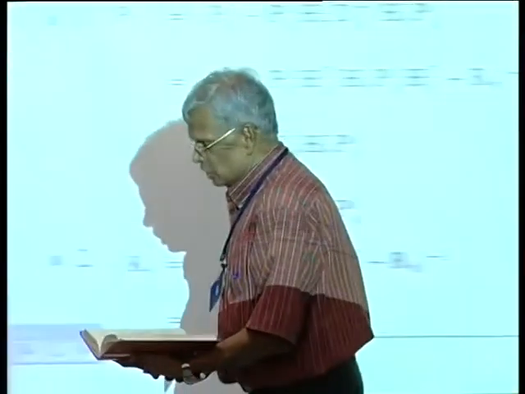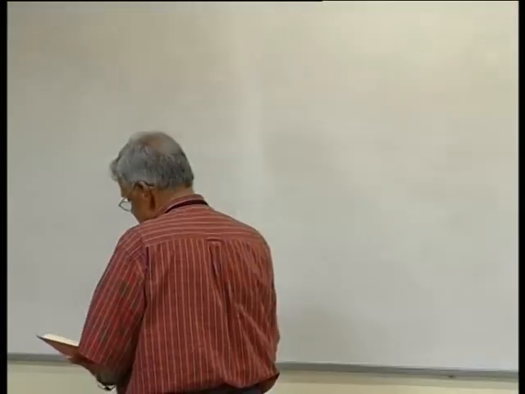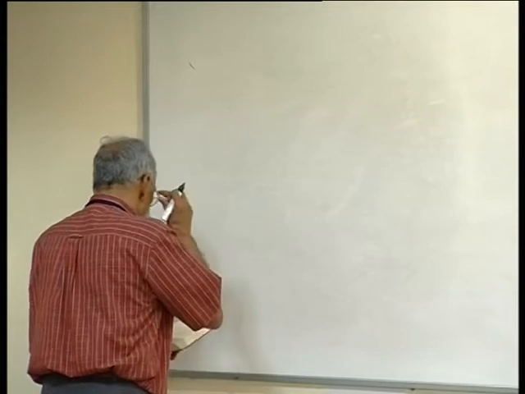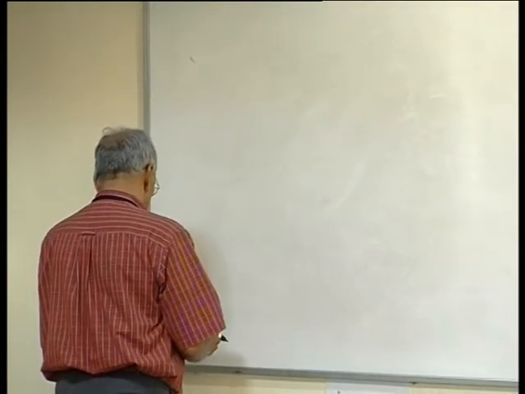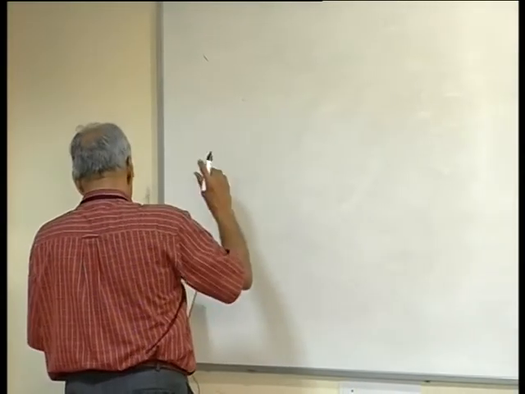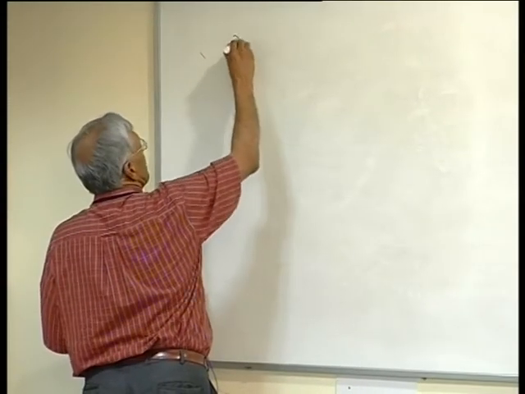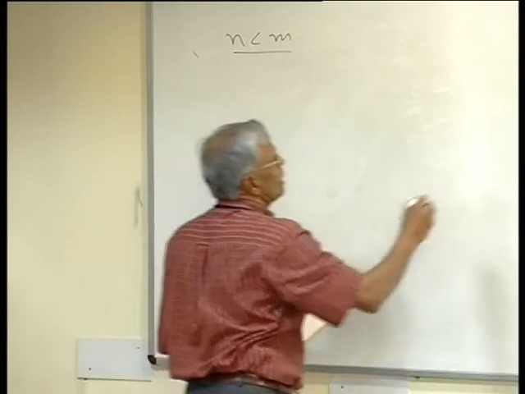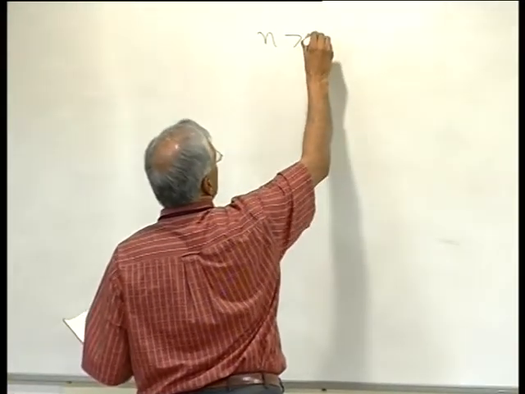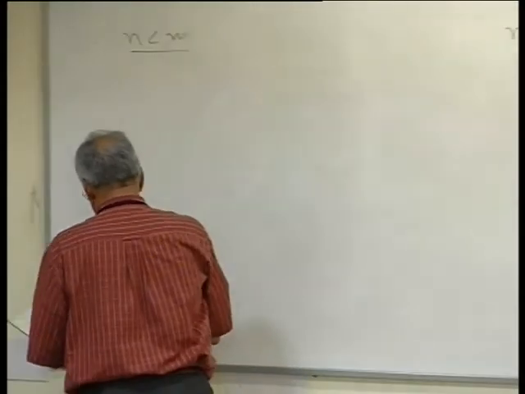This is a table of duality between two forms: when n is less than m, and when n is greater than m.